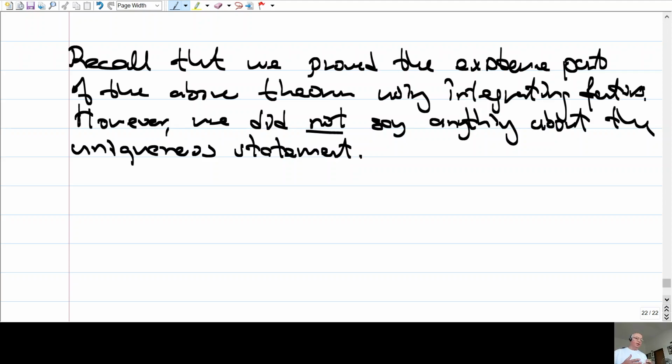I mean, it doesn't have to start or work the same way, even if the initial conditions are the same. So one day it will work in one way, and the other day it will work in a completely different way. Okay, that would be the case if we didn't have this uniqueness part.